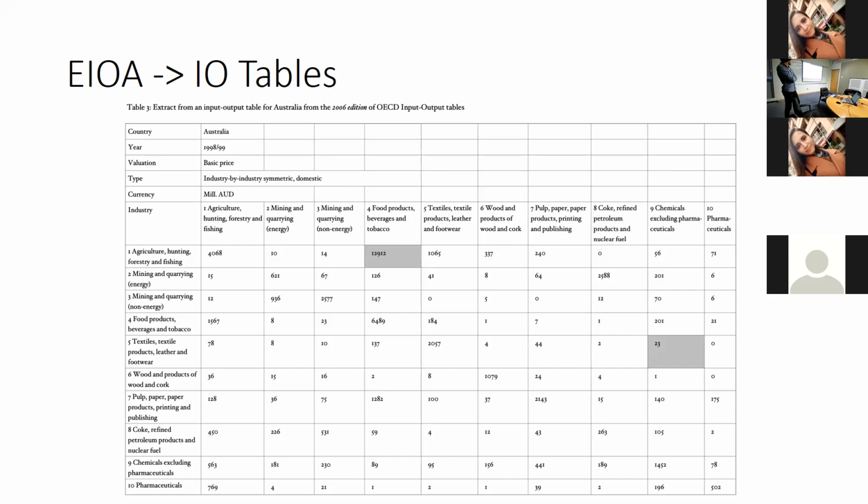The goods. On the other hand, if you look at a specific row, you can say this row describes the outputs of this industry. The agriculture industry supplies its services and goods to the following industries in your domestic economy. So this is a very comprehensive picture of how your domestic economy operates.